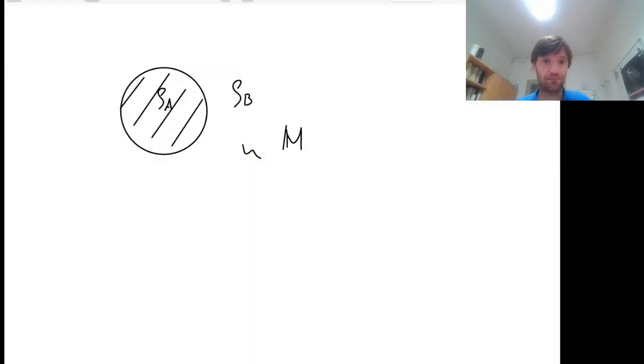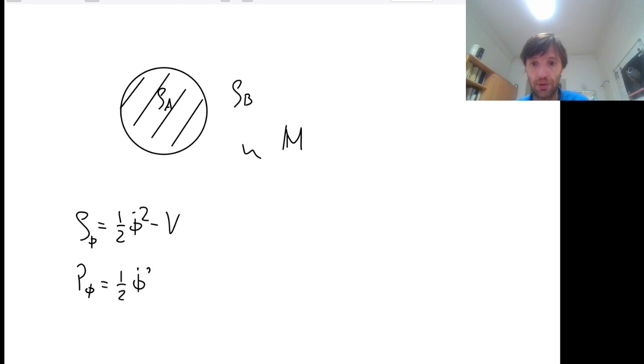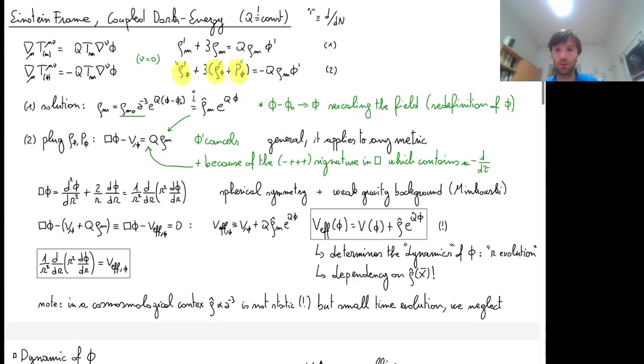Remember that rho for our field phi is equal to 1/2 phi dot squared plus the potential, and the pressure is equal to 1/2 phi dot squared minus V. We just use these two expressions and plug them in. Whenever we do so, equation 1 reads like that. Then we can bring this term and put it on the other side of the equation in this way.